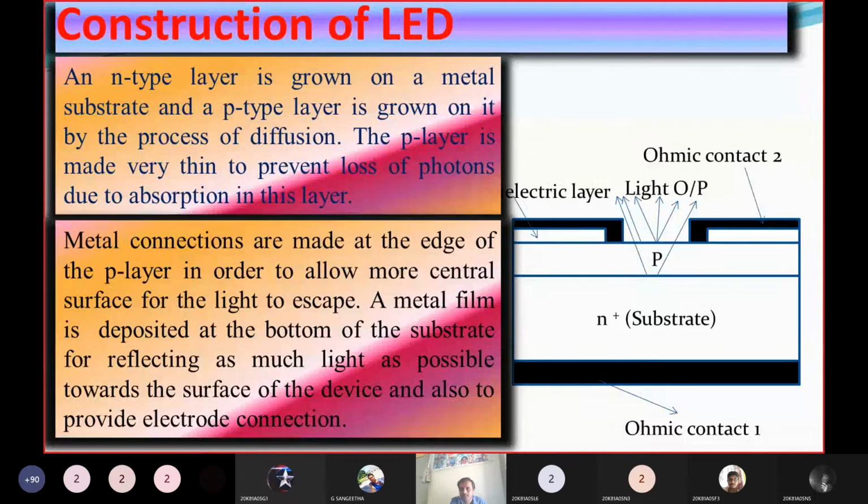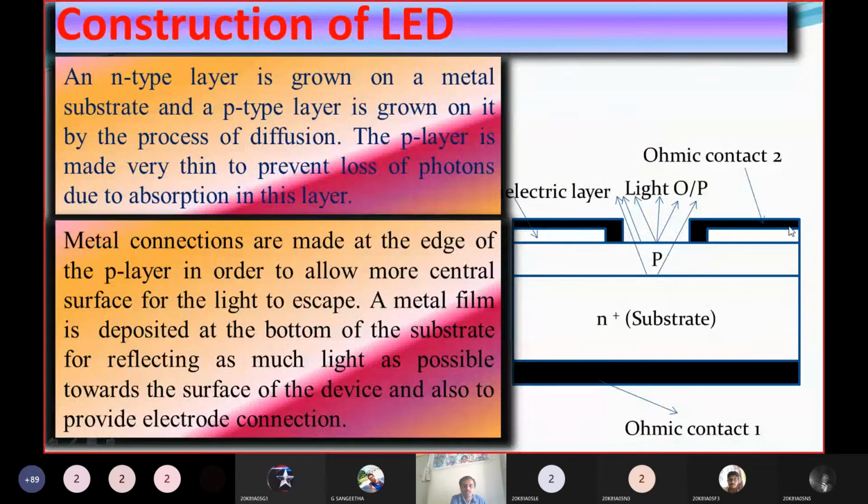The metal is connected at two edges, and in the middle there is a gap. Why is that gap there? For letting the light out. In the center there will be a gap; at the edges there are ohmic contacts. Ohmic contacts means metal surfaces are connected above the P region.